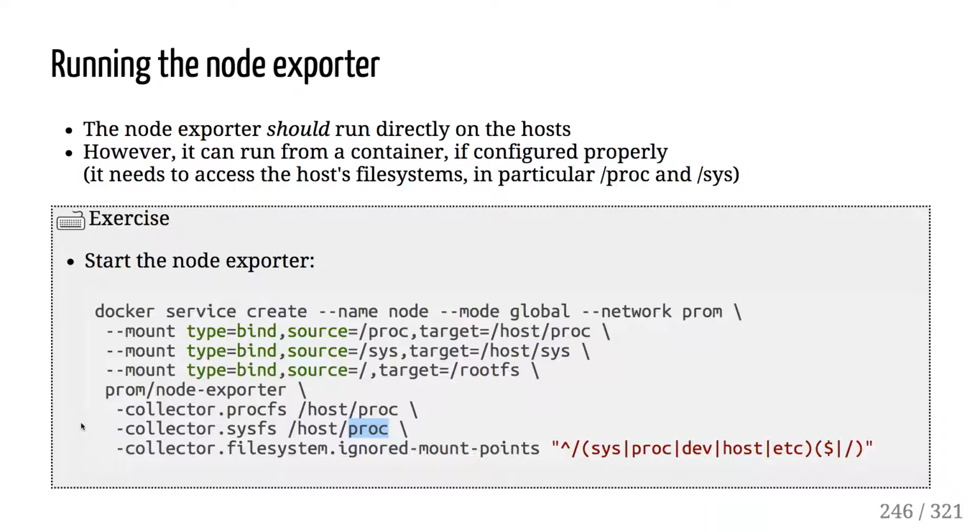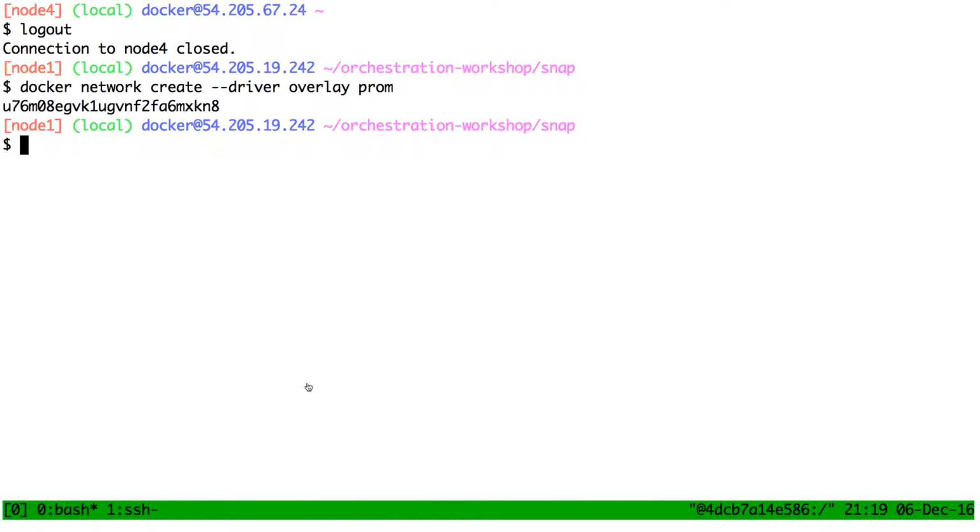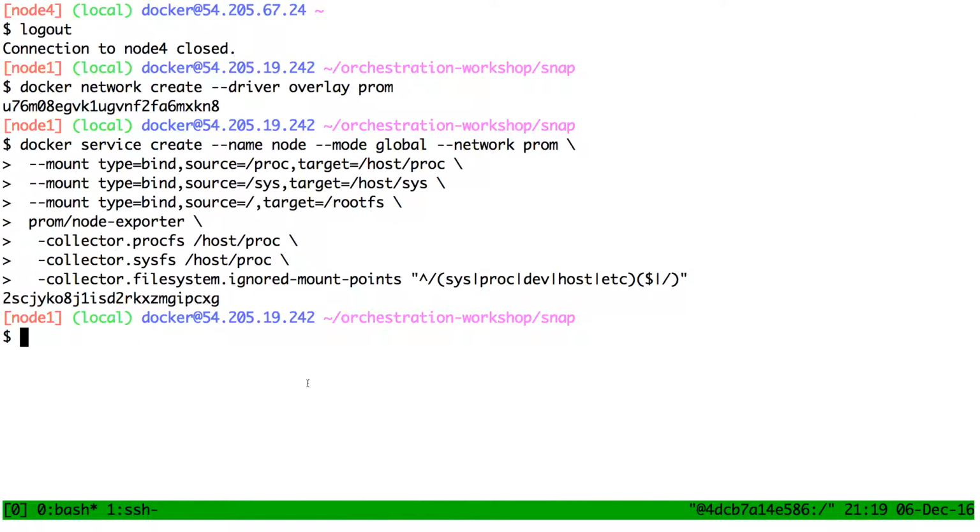And I also tell it to ignore the file systems that belong to the container here. So I'm still going to copy paste that, and it's okay if we don't fix the typo. The only drawback is that some metrics are not going to be reported correctly, but for this example, it doesn't matter. All right. So now I have a node exporter running on each of my hosts.